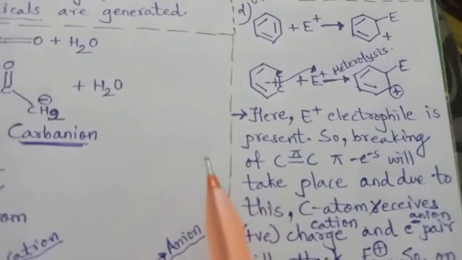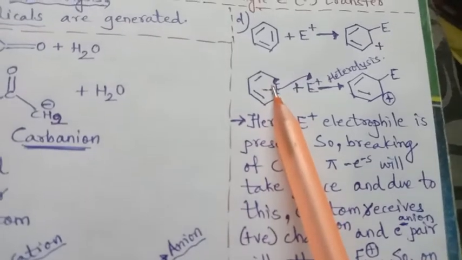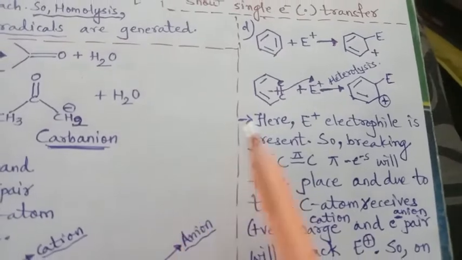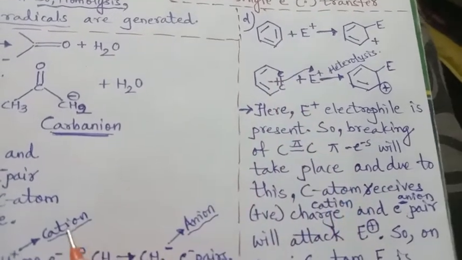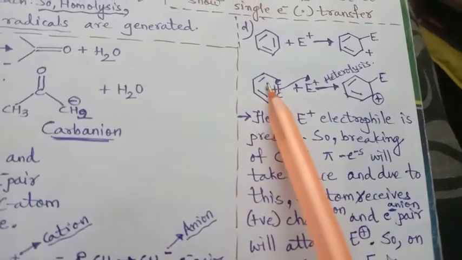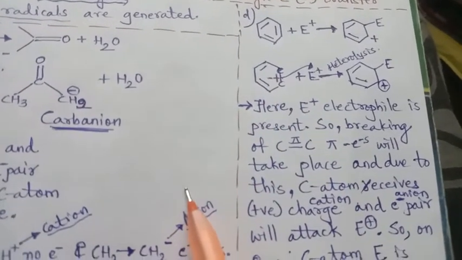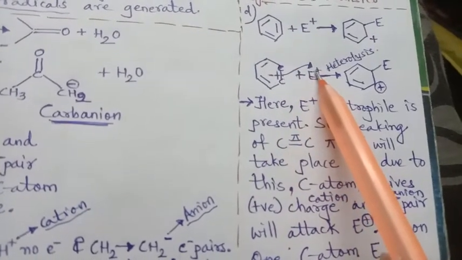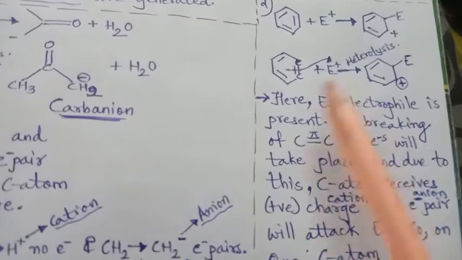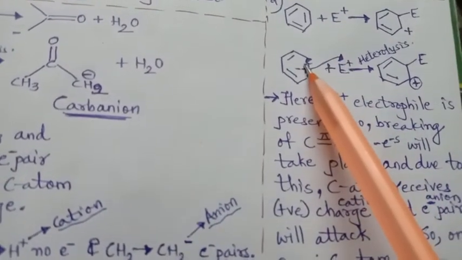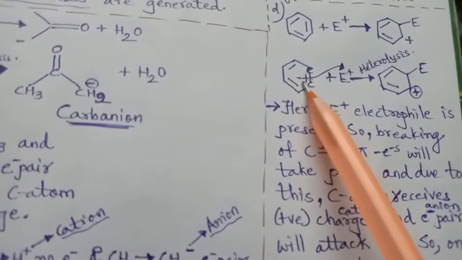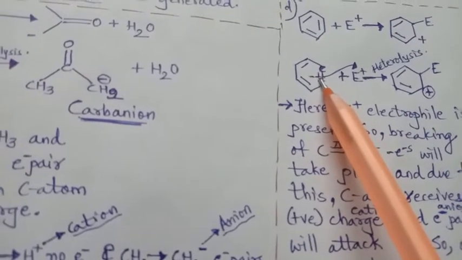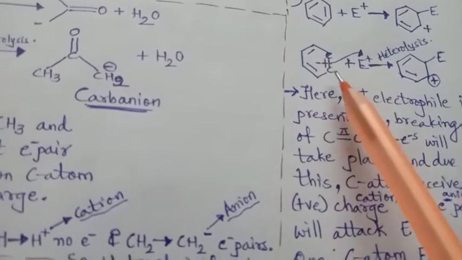As soon as the pi bond of the carbon-carbon link is cleaved, the carbon atom will receive a positive charge and the electron pair will be received by the E plus, that is the electrophile. Whenever this pi bond cleaves, the complete pair of electrons goes to one carbon.